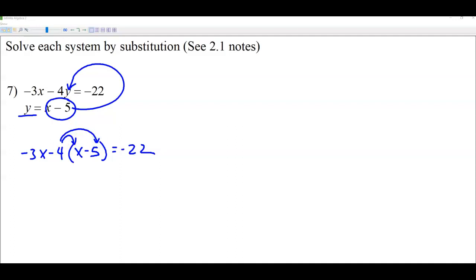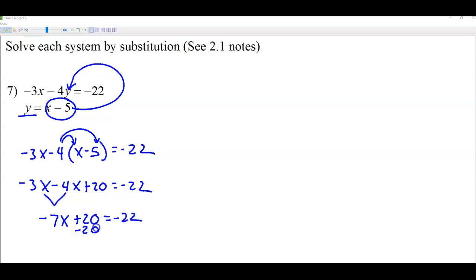After that, you're just going to solve. Combining like terms there. And I end up getting x equals 6.